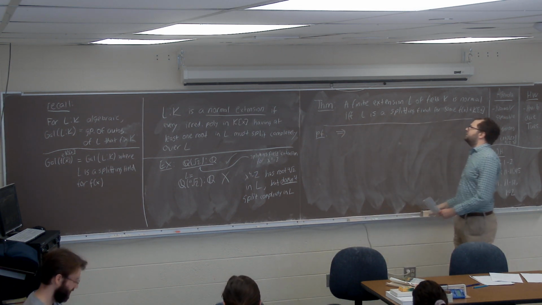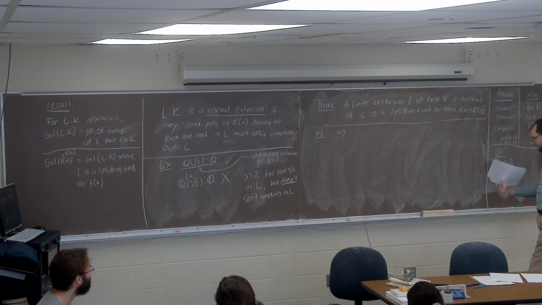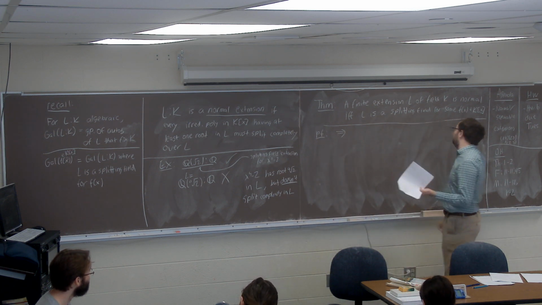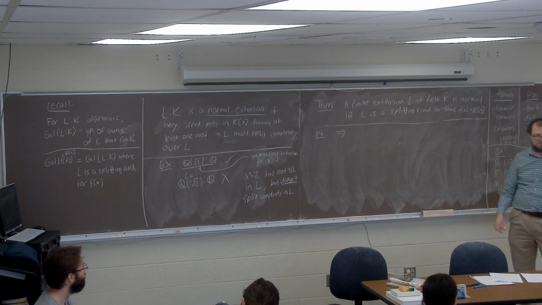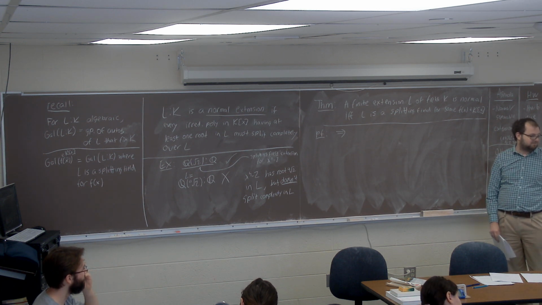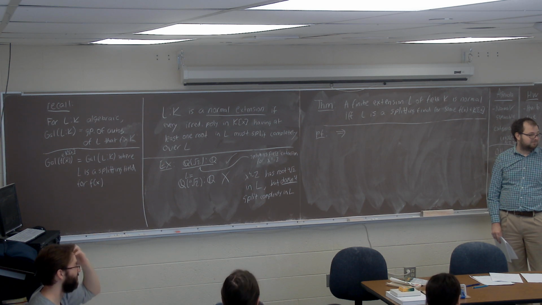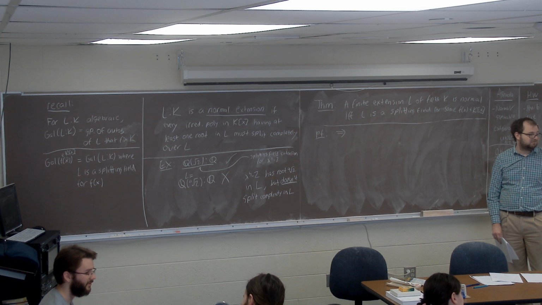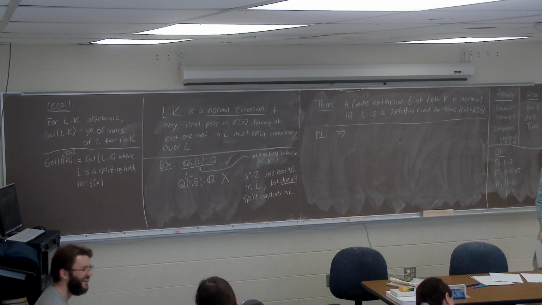Let's start with the forward direction. 15 minutes, man. You can make it. This is a little bit of a longer one. Not too bad. So let's suppose that we have a finite normal extension to start with. Oh, by the way, what do we mean by finite extension? The degree of the extension is finite is what I'm looking for.